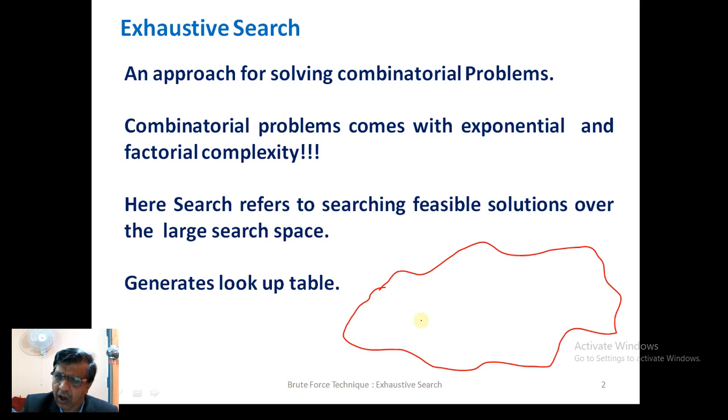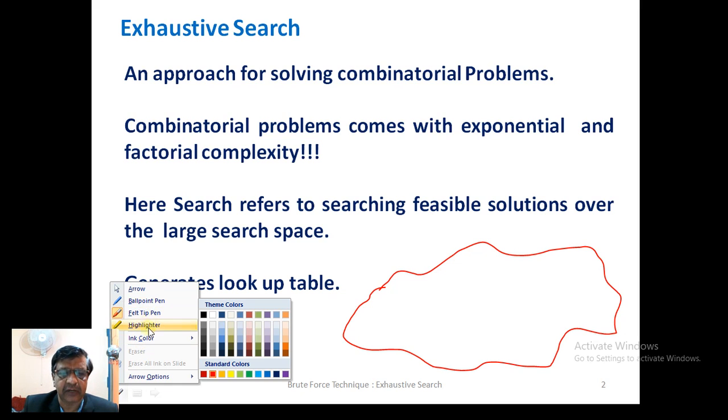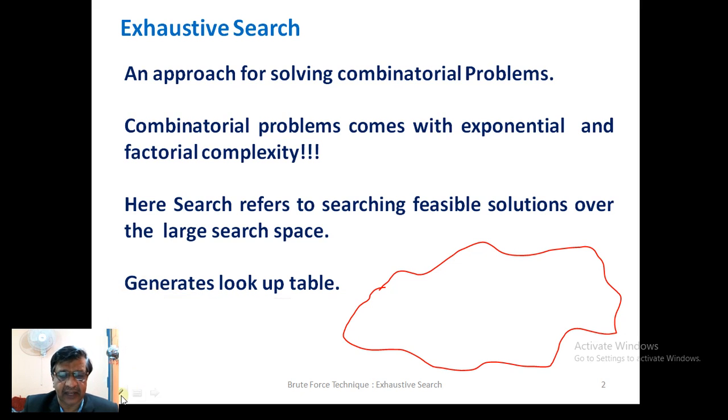What exactly are combinatorial problems? Combinatorial problems involve grouping, ordering, or assignment of a discrete finite set of objects, finding subsets of a set, linear programming, optimization problems, constrained optimization problems, and other things.